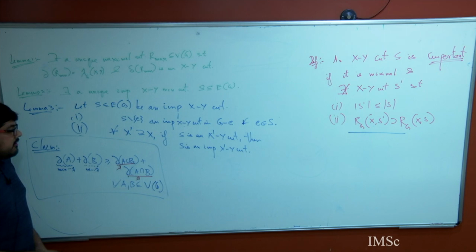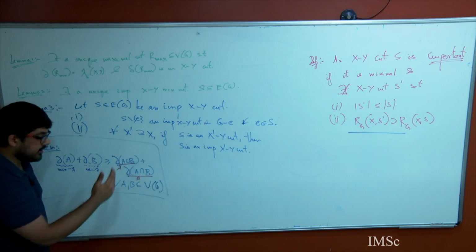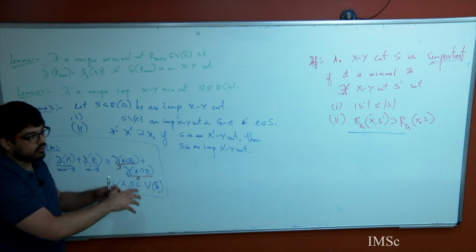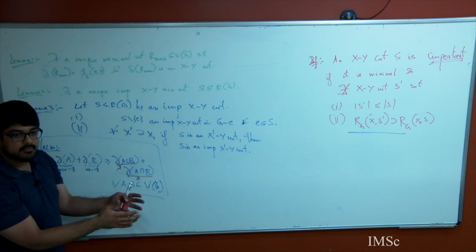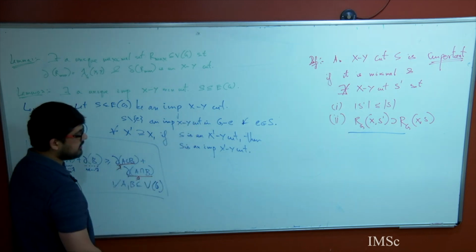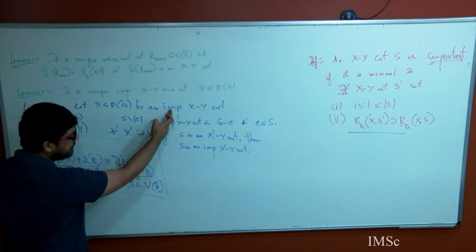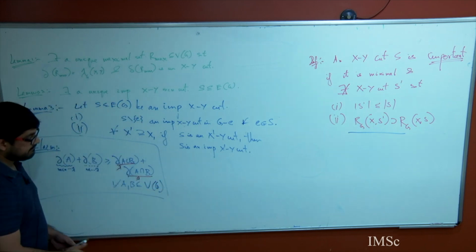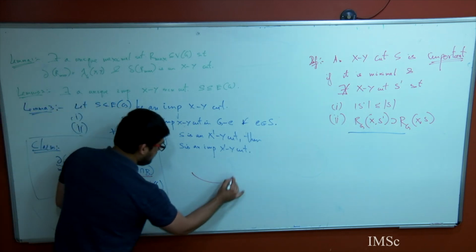So what am I saying here? Well, we know that S is an XY cut, but suppose that S also is an X prime Y cut for some much larger X prime, and we know that S is an important XY cut, then we can sort of transfer the importance also to X prime Y. Right, so what do I mean?